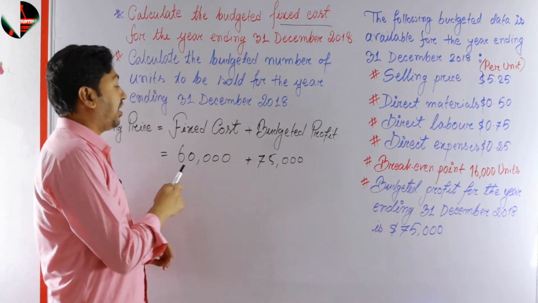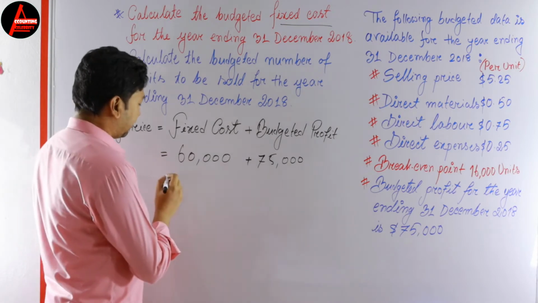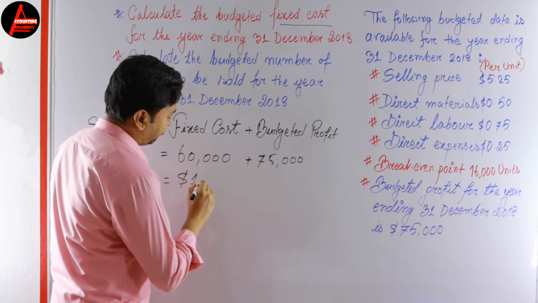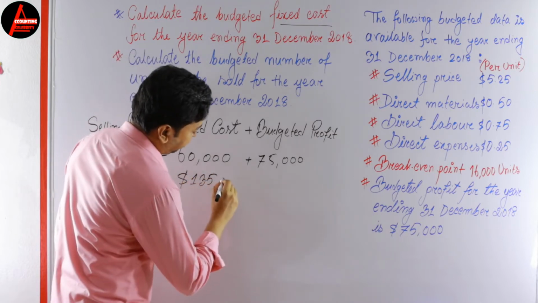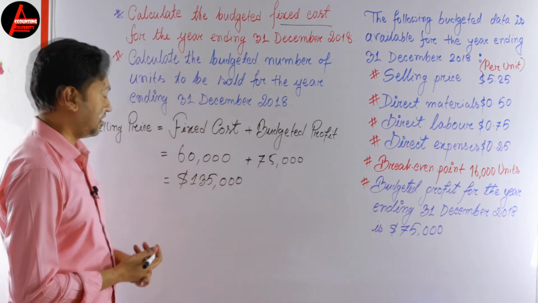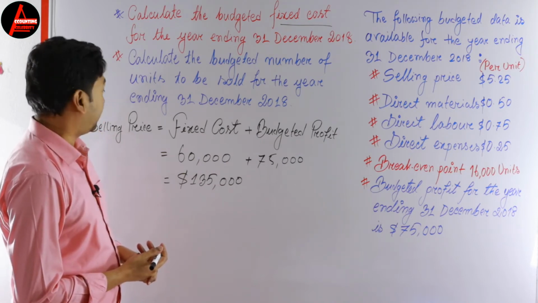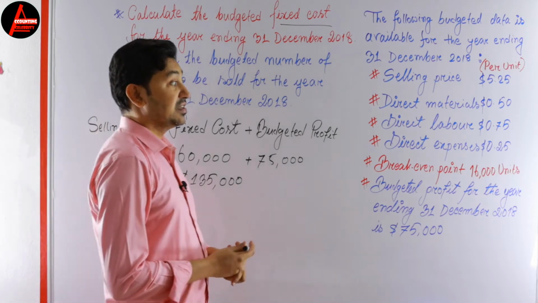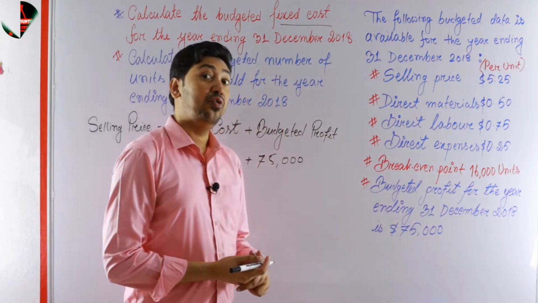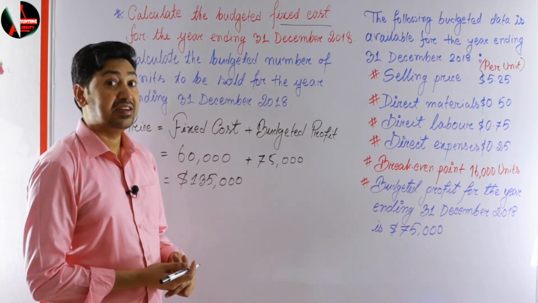So now if we add these two values, what do we get? So if we calculate, we get $135,000 after the addition. So now we got the selling price for this 16,000 units. Okay, now we have to extract how many units we can sell.